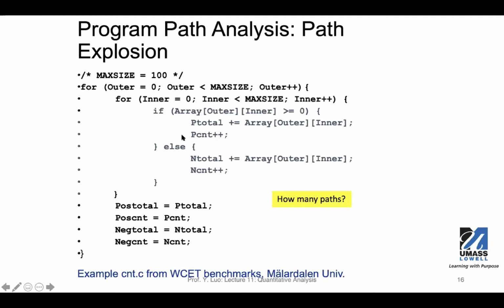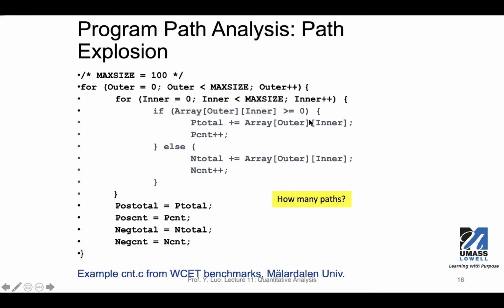This is kind of a toy example, but the point here is you will possibly have these branch instructions which will give you two possible paths. So for each loop iteration, you may execute this path or this path.